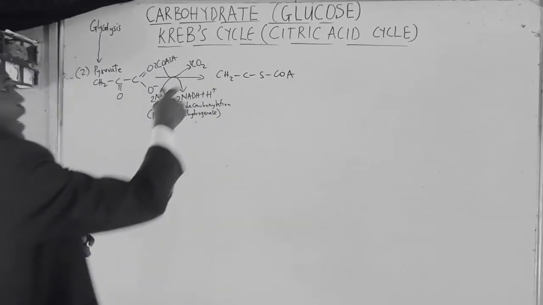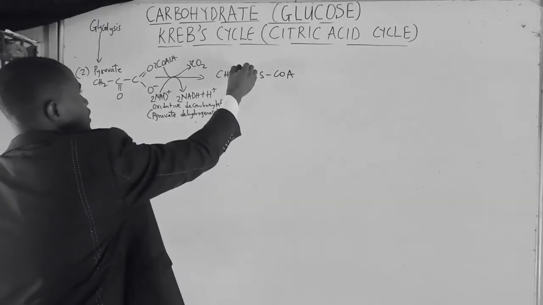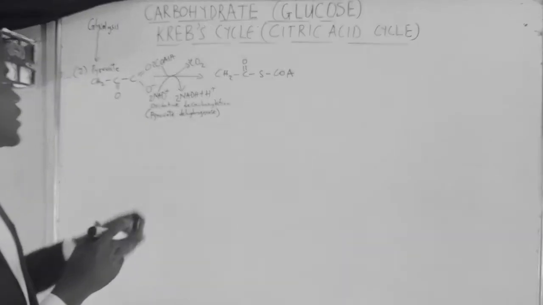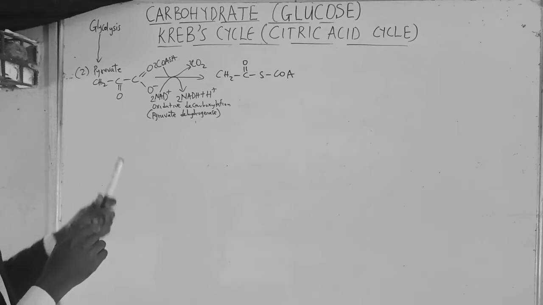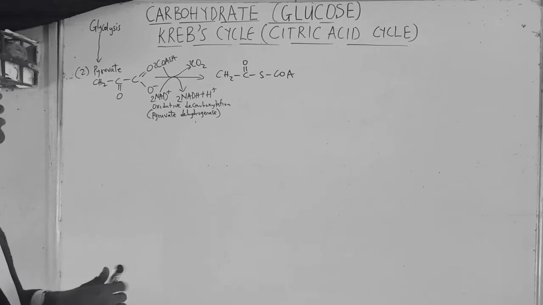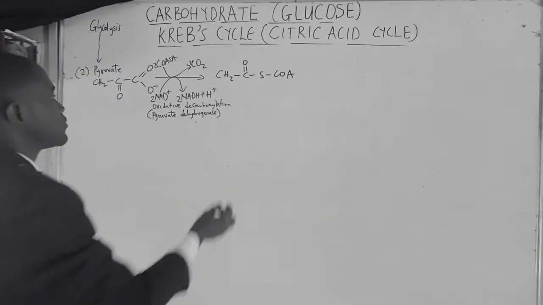Then we have a double bond here. So we have CH3, we have another carbon with a double bond to oxygen, we have sulfur, and we have CoA. This is called acetyl-CoA.